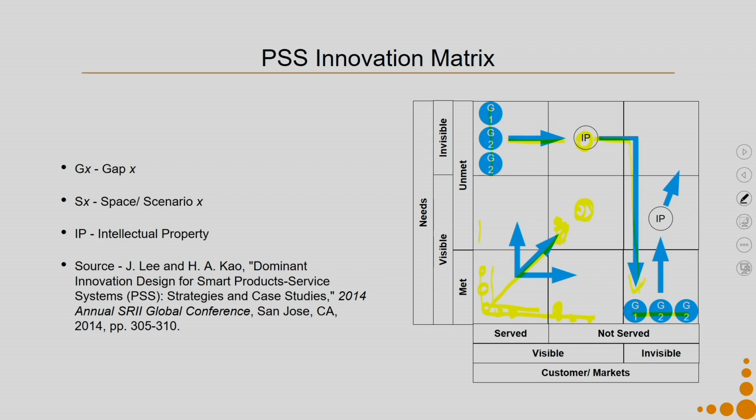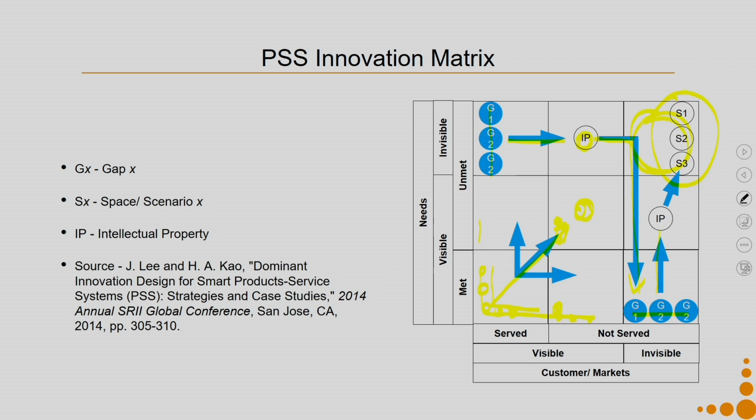So, this can go over here and say I design more technology, this can go here, and I can get certain scenarios of usages, new scenarios of usages. So, for PSS innovation to happen, if your solution can lie somewhere over here, it is an innovative solution.